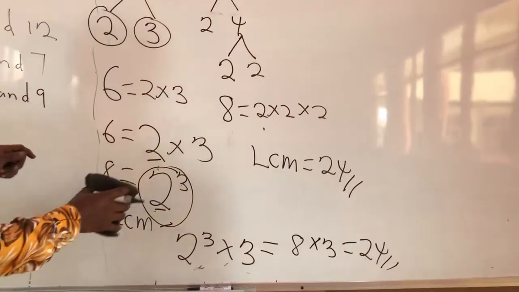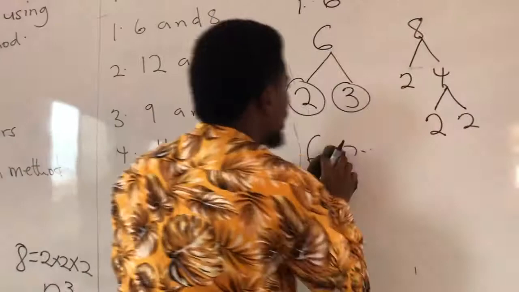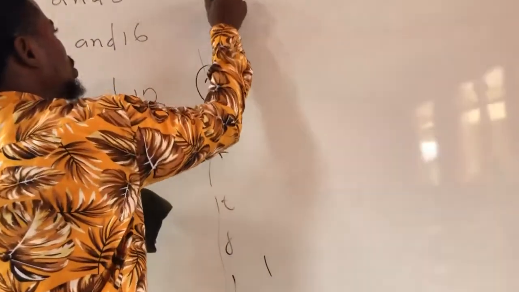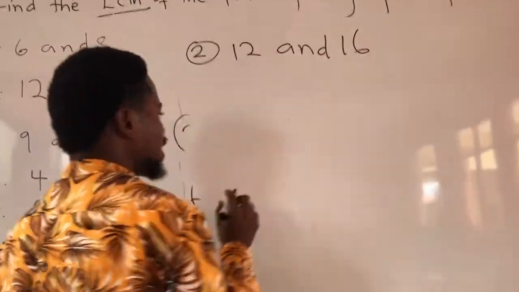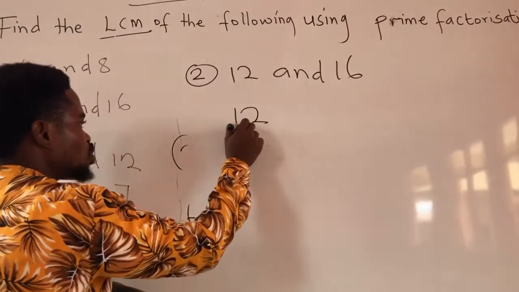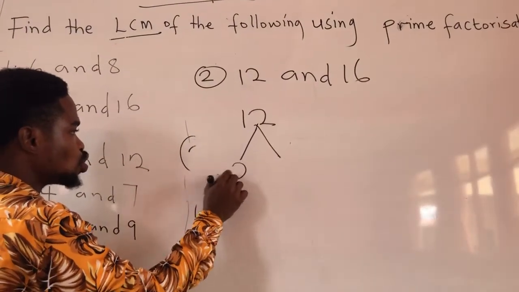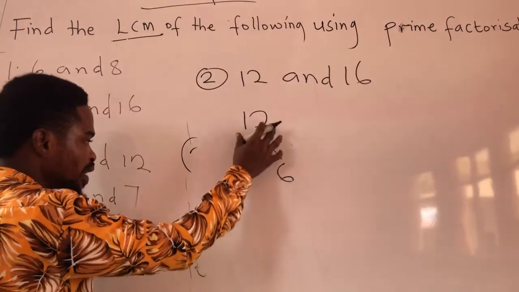Now let's look at question number 2. Question number 2 is 12 and 16. Now we draw the factor tree. We take the least factor, which is 2 and 6. 2 times 6 will give us 12.